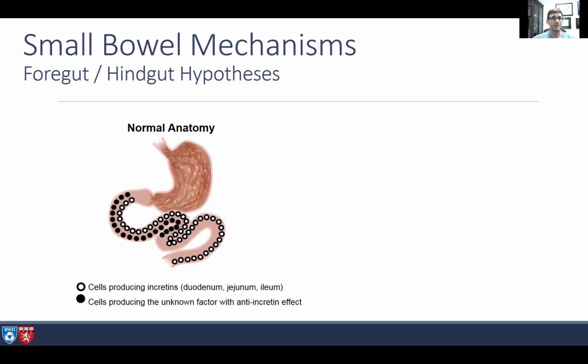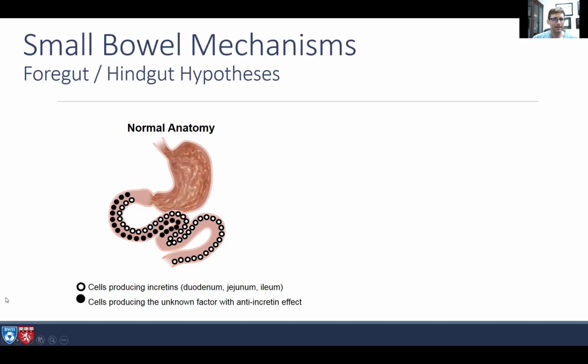So one other concept we want to get into here before moving on is foregut and hindgut theory. And here we have an image depicting normal anatomy, and you can see that the white dots are these cells that produce incretins. They get denser as you go farther down in the small bowel and even into the colon. They're very dense. These are the cells that produce things like GLP-1.